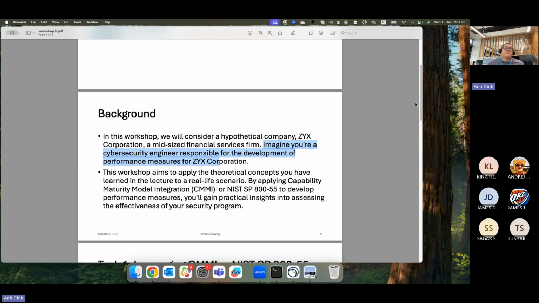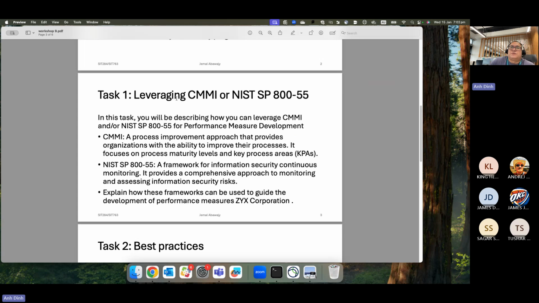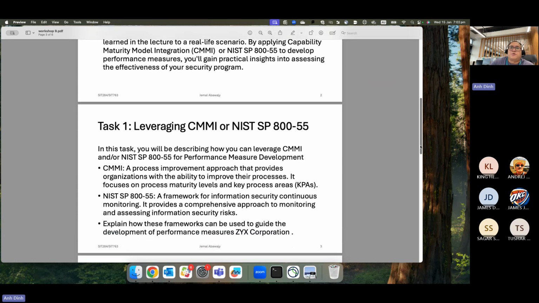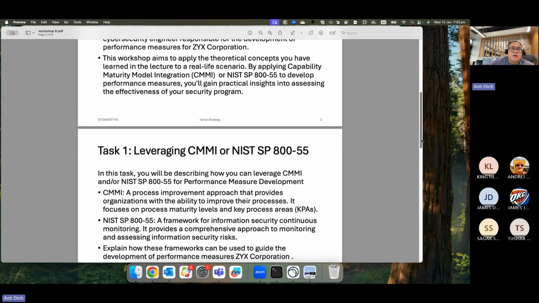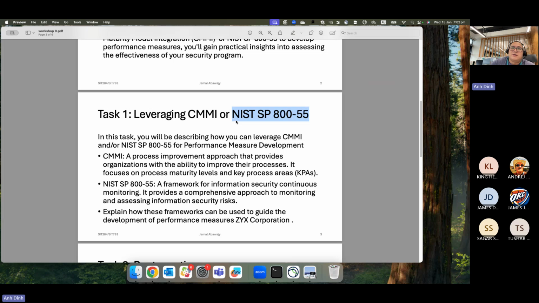There are a few tasks. The first task that this workshop asks you to do is to read one of these two documents. They provide guidelines and principles on how to structure the measurement program. If I have to choose among these two, I would strongly recommend reading the NIST framework here, because I think some of you have already read through some other NIST documents, so you're familiar with the level of content and detail that is provided by such documents.